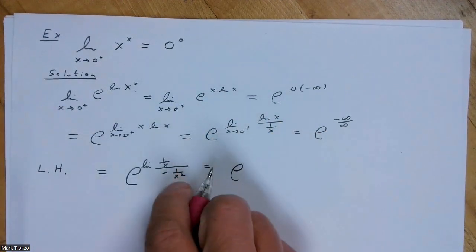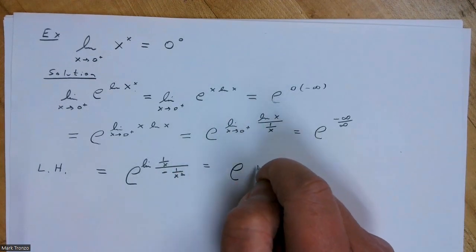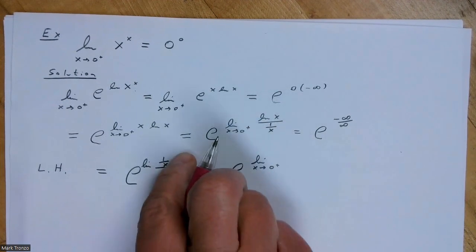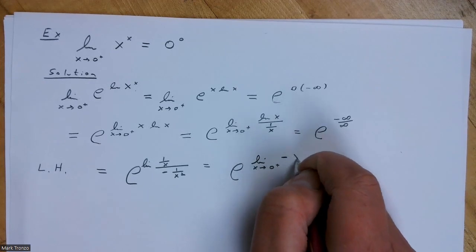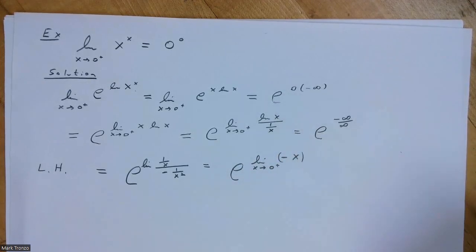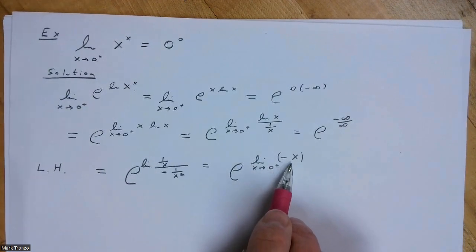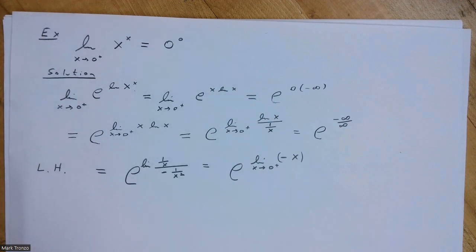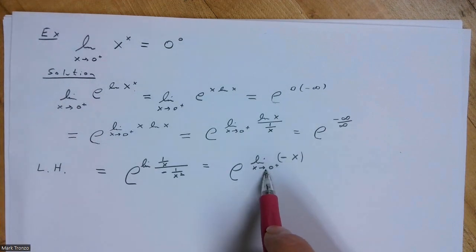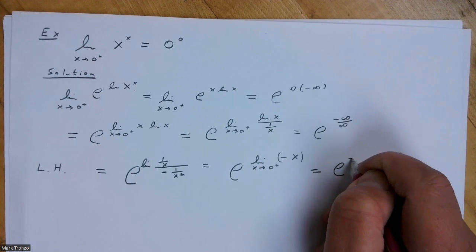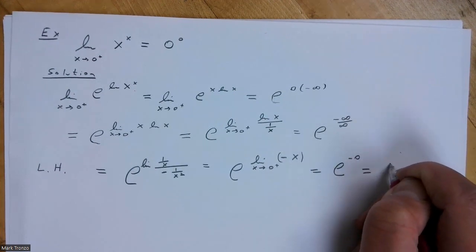And bring this in the numerator, and we'll have the limit as x approaches 0 of negative x, like this. So now when we approach 0 from the positive side, this is going to be a negative here. So that's going to be e to the 0, or the negative 0, which is going to be 1.